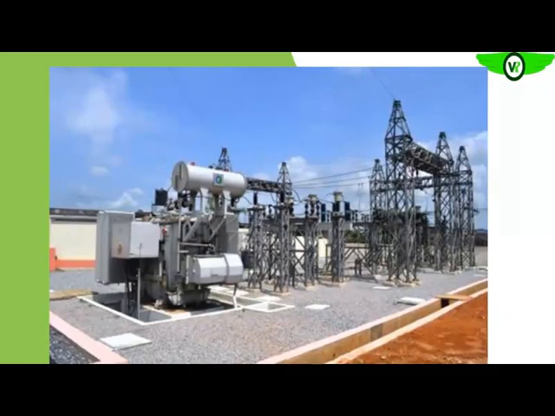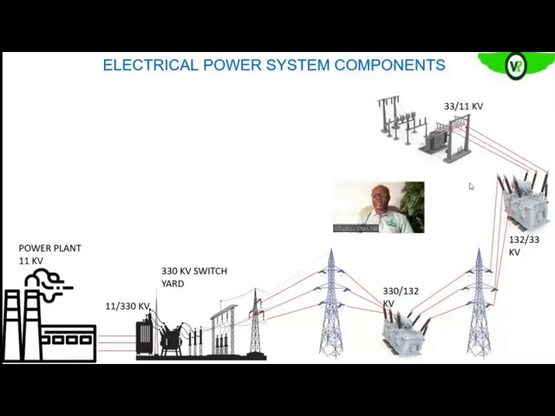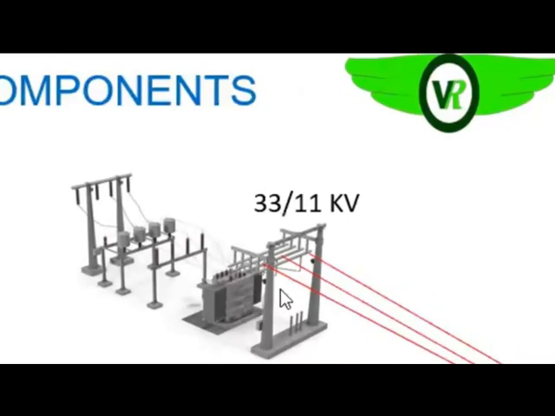At the injection substation, we also have a step-down transformer, as you can see on your screen. That step-down transformer takes the 33 kV that is sent into it to 11 kilovolts.